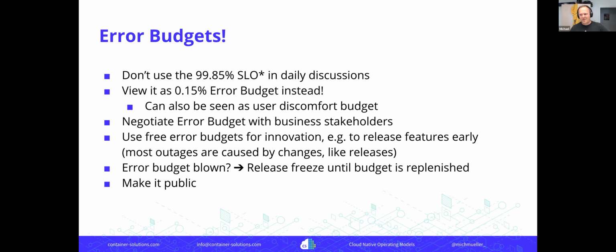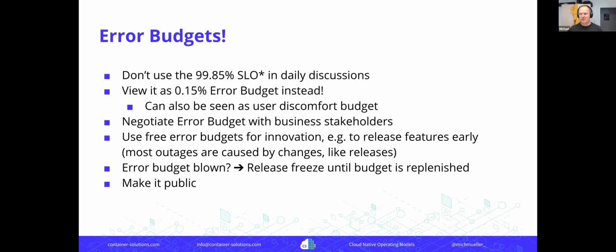Then there's this thing called error budget that became really famous when the first SRE book was published. You read more or less all over about error budgets. What does it basically mean? You shouldn't use the SLO as a 99.85% uptime target that I need to check.